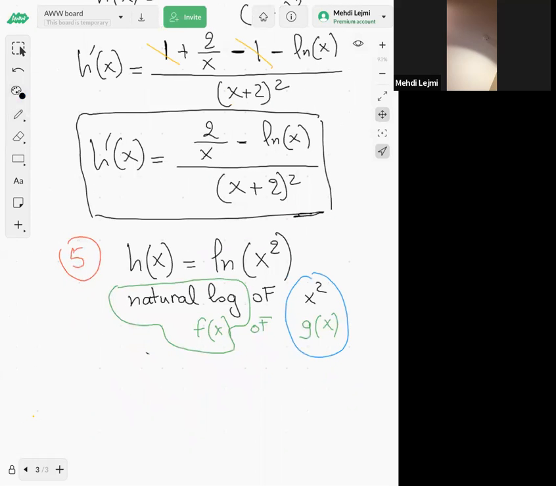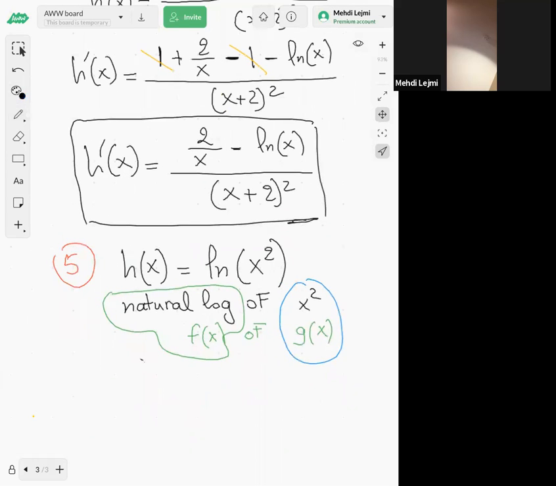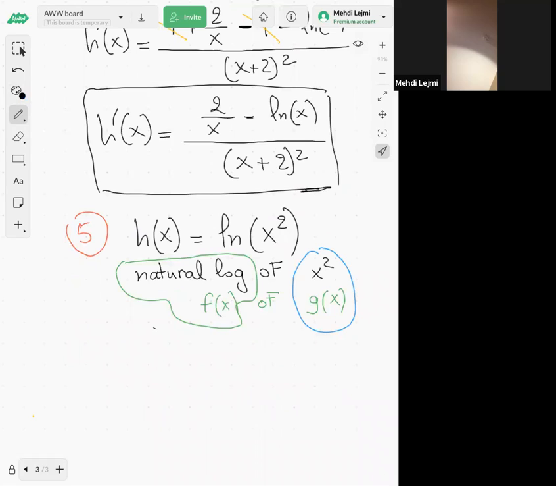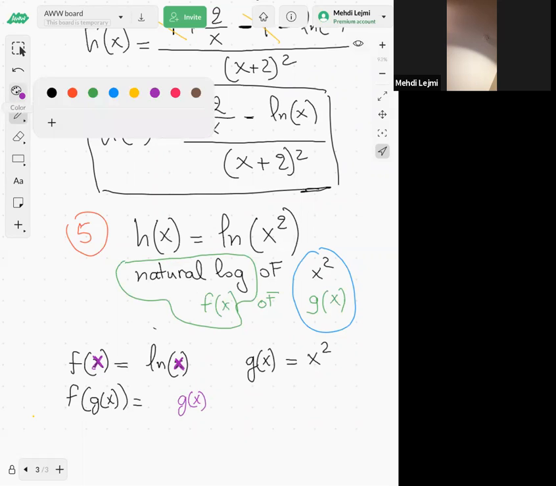What I'm saying is, this h of x, I can write as a composition of 2 functions. f of x is natural log of x, and g of x is x squared. When you do f of g, when you substitute x by g of x, it's natural log of g of x, and g of x is x squared.